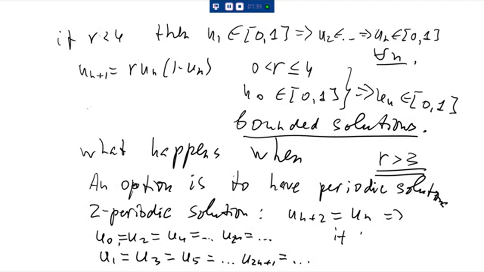If u0 equals u1, this will be a fixed point, because all even terms in our sequence will also be equal to all odd terms, and this means that all values of u are equal to each other. This would be a fixed point.